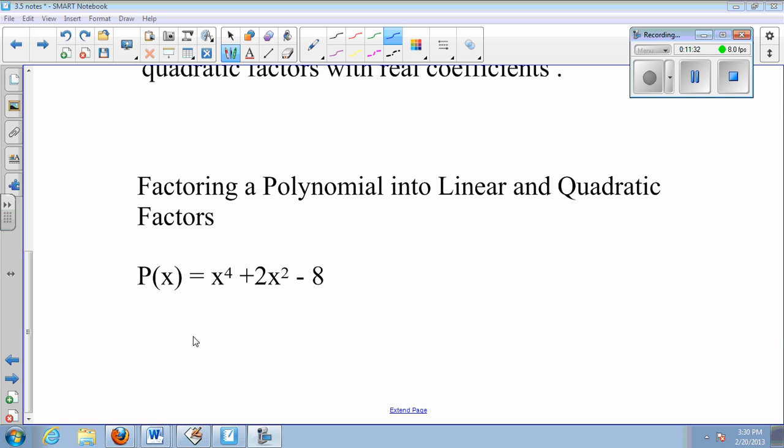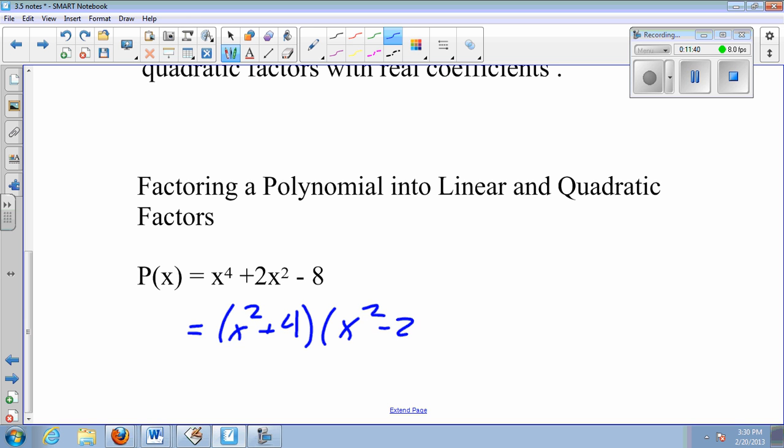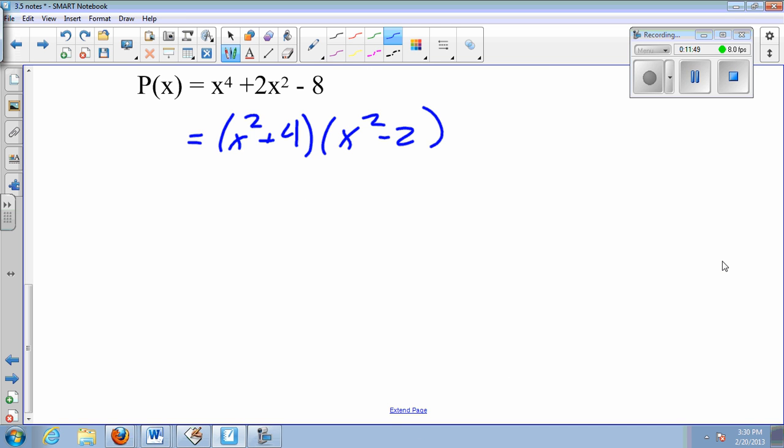So this is factorable to x squared plus 4 times x squared minus 2. And we can factor the x squared minus 2 into x plus root 2 times x minus root 2.